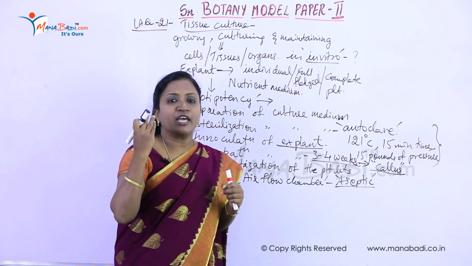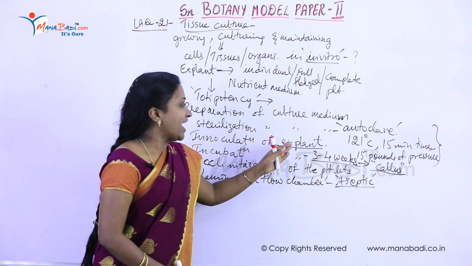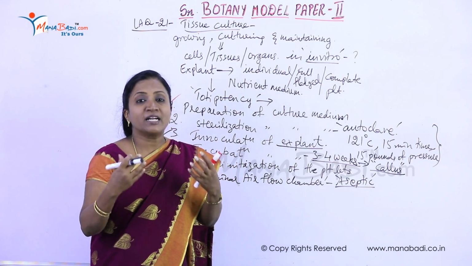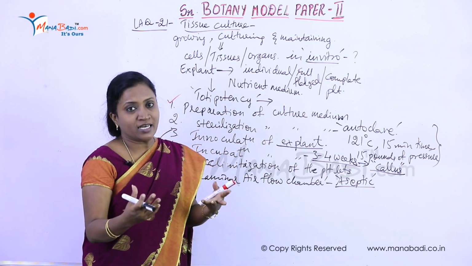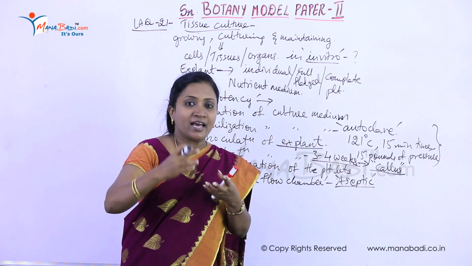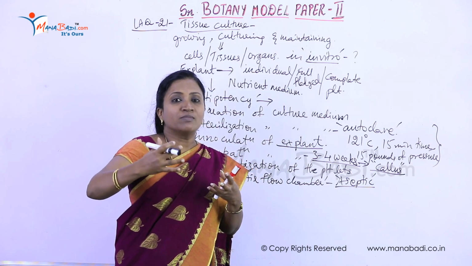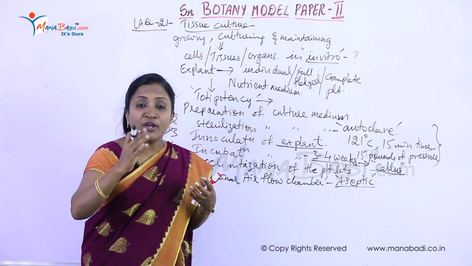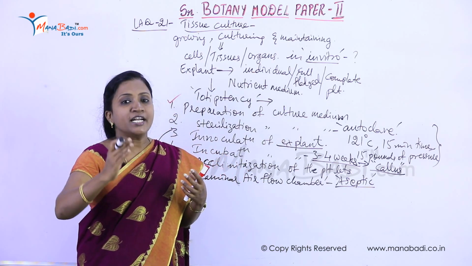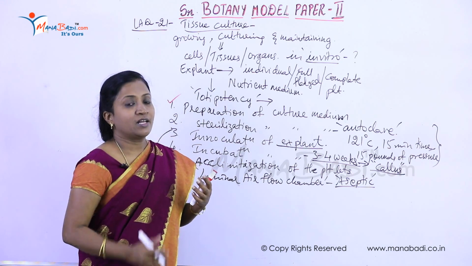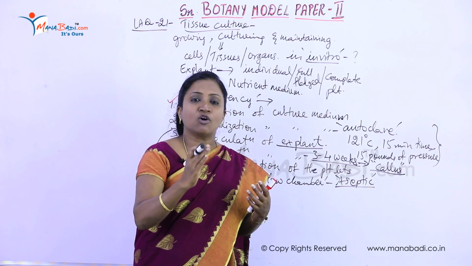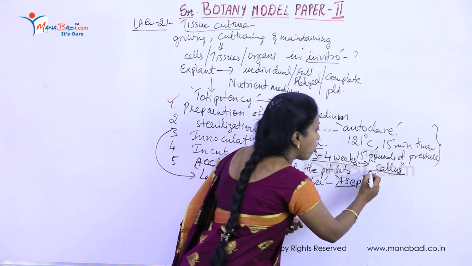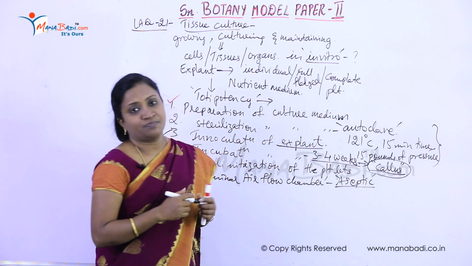After the period of incubation, under the principle called totipotency, the explant divides and forms multiple cells, which results in the formation of a proliferating mass of undifferentiated cells. This proliferated mass of undifferentiated cells is called callus.